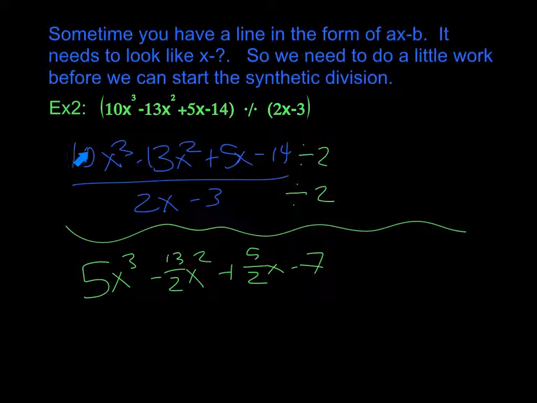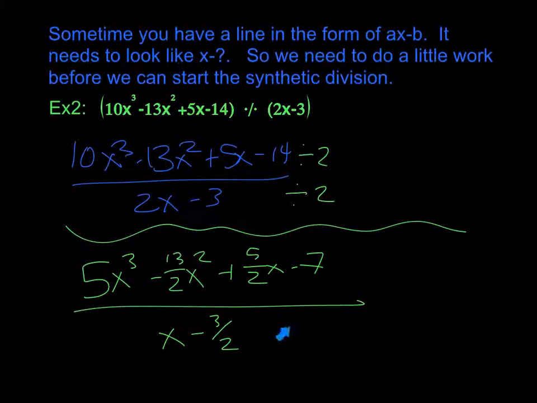You need to divide each one of these coefficients by 2. And then it'll be x minus 3 halves. And so this is what you're going to do in synthetic division, which I'm going to do on the next screen. So you either need to pause it and write this down or go on to the next screen.